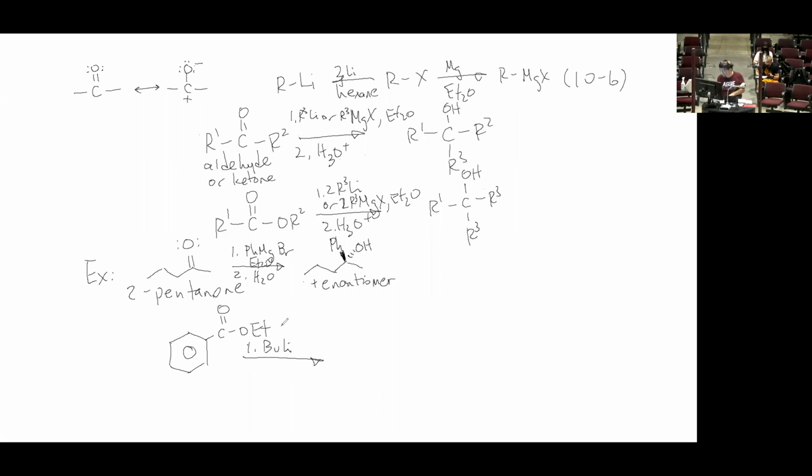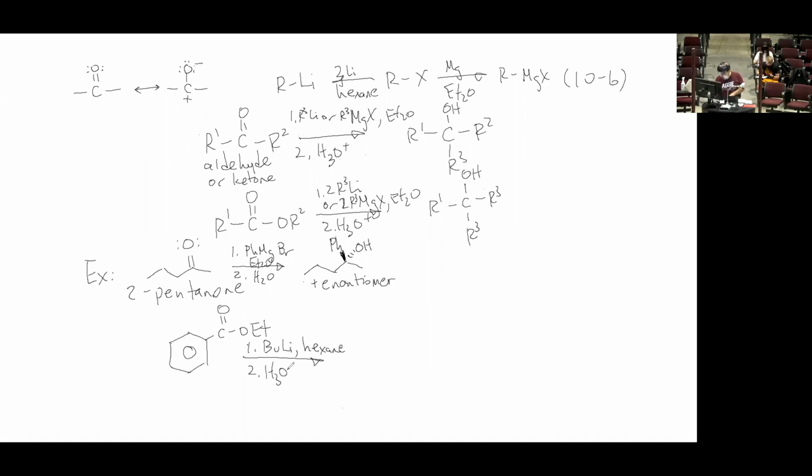So that's one example. What if we took instead an ester? Like, oh, I don't know, ethyl benzoate. And let's say we treated this with an excess of butyllithium, Bu for butyl group.